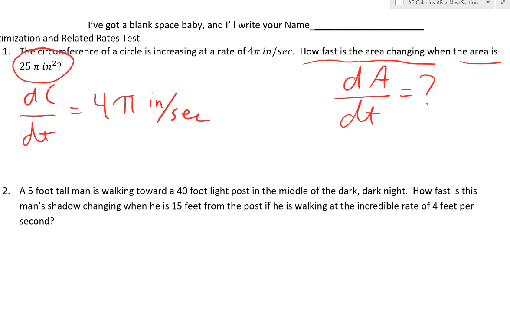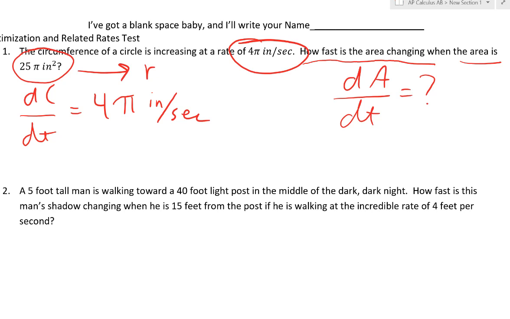The rate of change that we know in this question is the circumference, 4 pi inches per second, and the measurement we know is specifically that the area is 25 pi. This is going to help us find the radius.